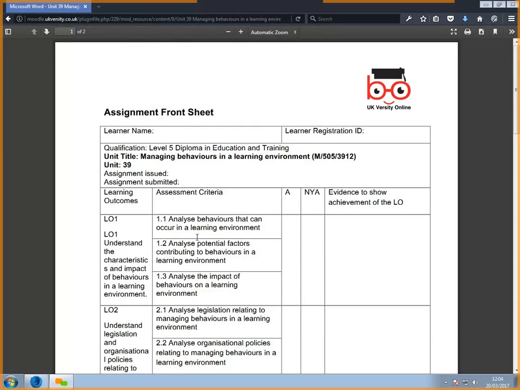So, the kind of behaviour that can occur in a learning environment. Analyse potential factors contributing to behaviours in a learning environment and the impact of behaviours on the learning environment. So again, it's looking at what can occur, what factors cause them to occur, and analysing what the impact is on the actual environment itself.